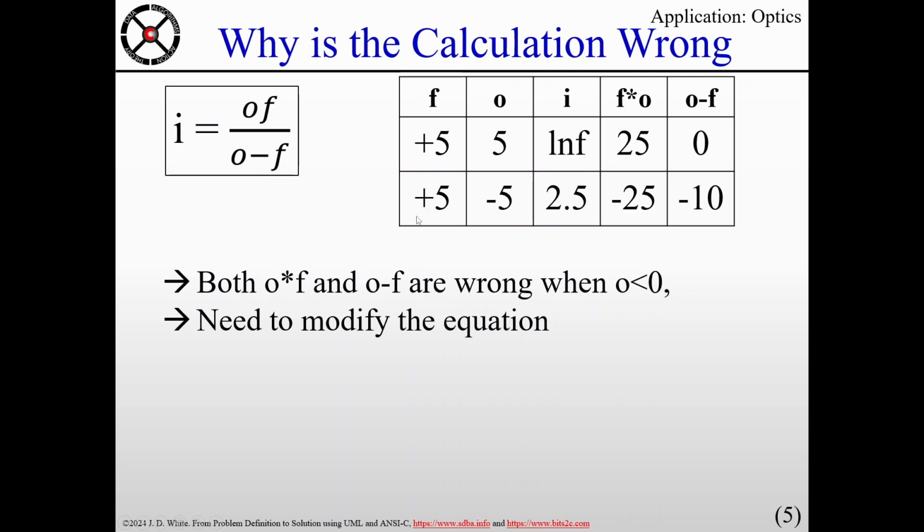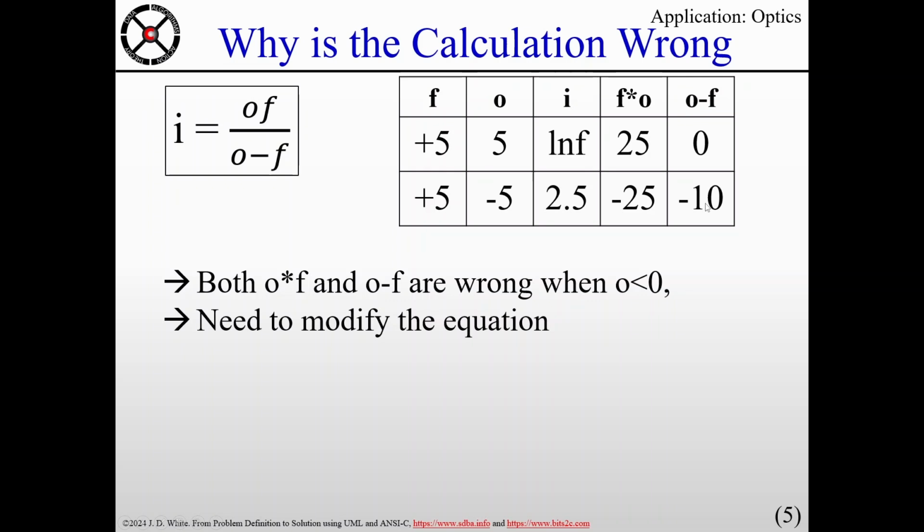Both O and O minus F are wrong when O is less than 0. We see F times O, 25 versus minus 25. O minus F, 0 versus minus 10. So in one case, on the opposite side, O minus F gives 0, which gives us the right position of the image. In the other case, it gives us minus 10 because we're subtracting.